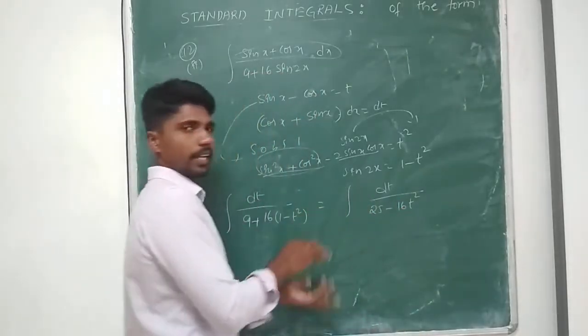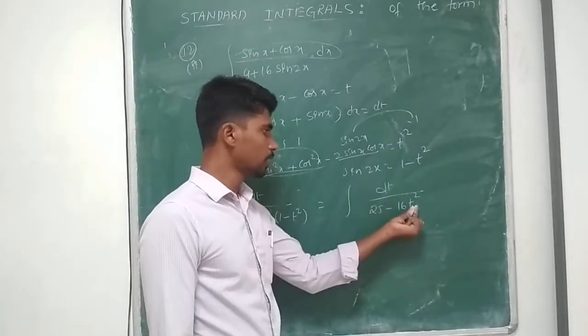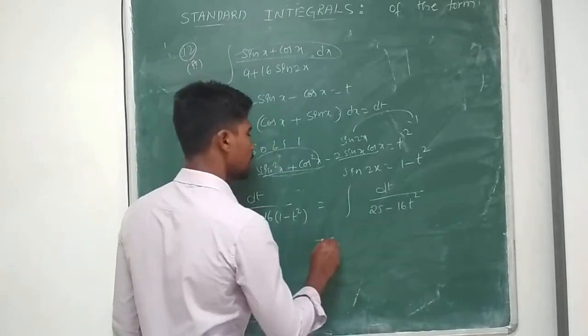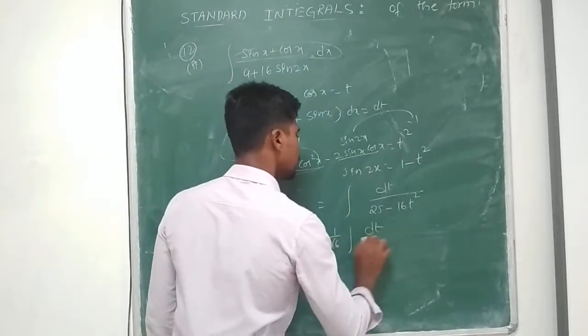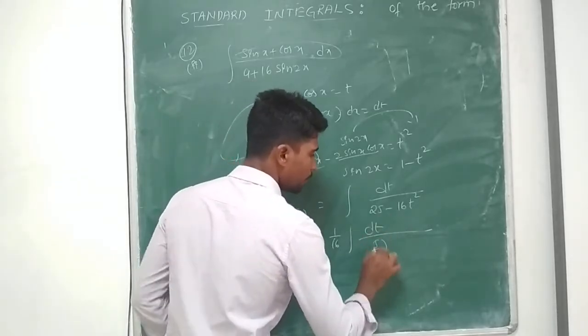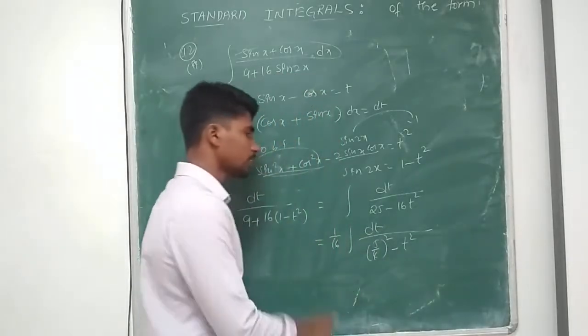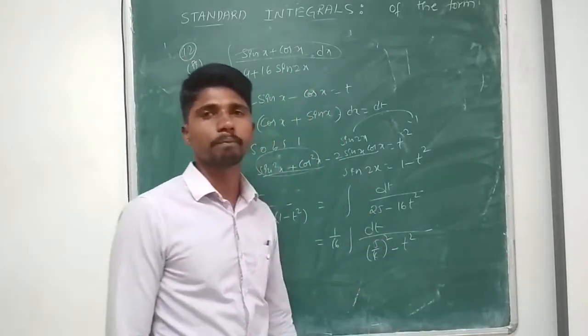As in terms of x, what you followed here, the same thing we need to follow. We have to make the t square coefficient 1. Further take 16 as common. So 1 by 16 integral dt by 25 by 16, which can be written as 5 by 4 whole square minus t square.